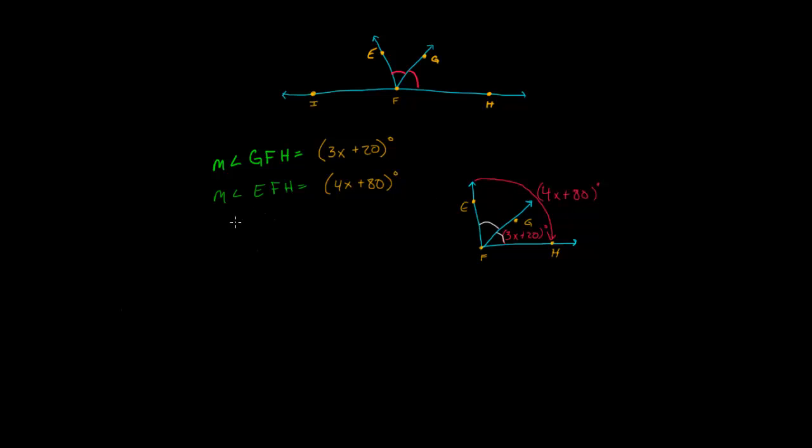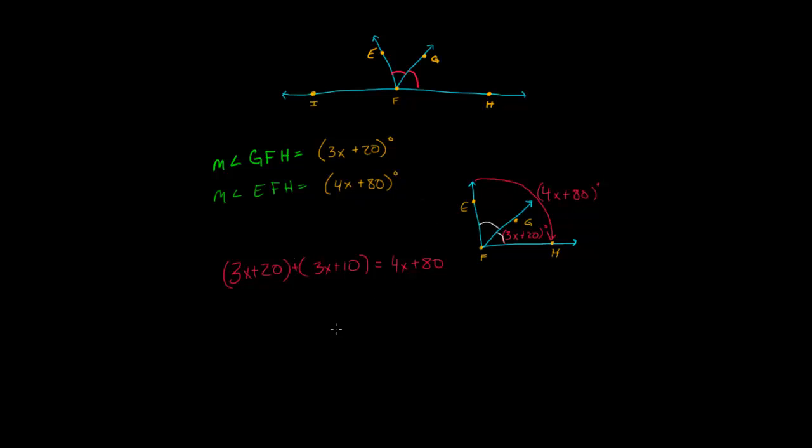I can say my GFH, which is 3x plus 20, plus another 3x plus 20 because they are the same. We set those equal to our entire angle, which is 4x plus 80.